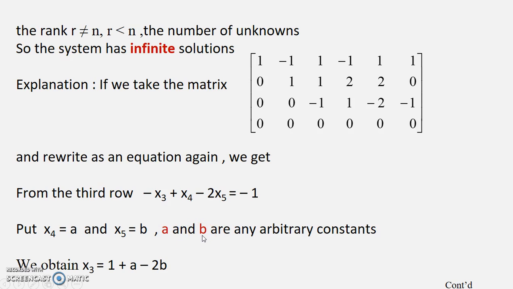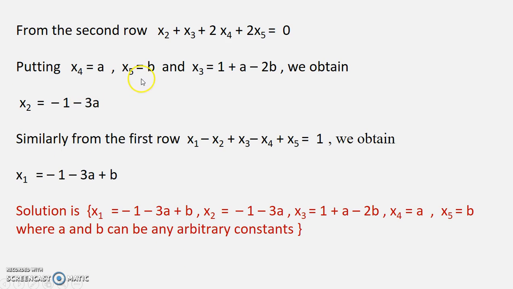A can be 1, B can be 1, A can be 1 and B can be 2. Anything we can take. Accordingly, we can find the value of x3. So we get x3 as 1 plus A minus 2B, that is in terms of A and B. And the second row gives you this equation. So you can find the value of x4. Correct?